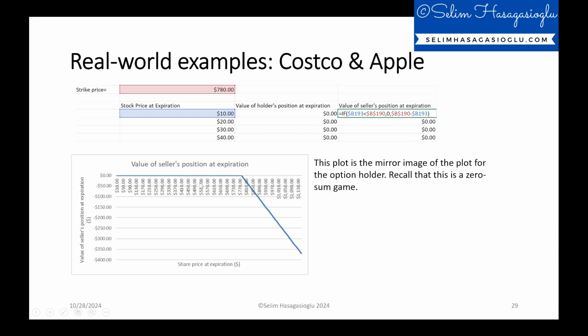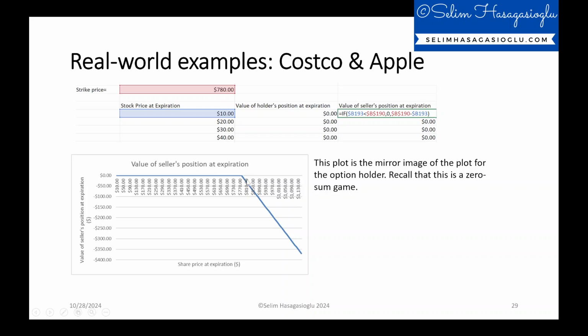When you look at the plot, when the stock price is smaller than the strike price, the option will not be exercised, and the value of the seller's position will be zero. Of course, they might be making some profits because they sold the options at a positive value. So even if the options are not exercised, they are probably making some positive numbers in this region.